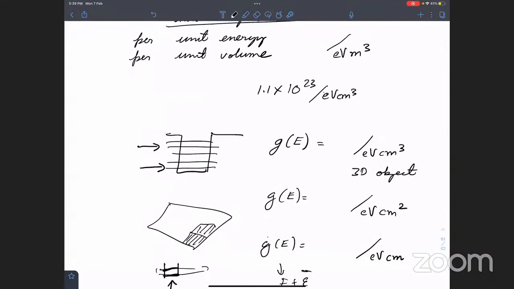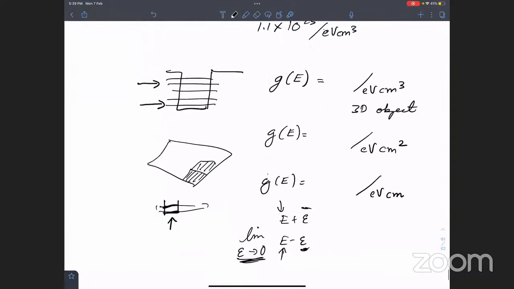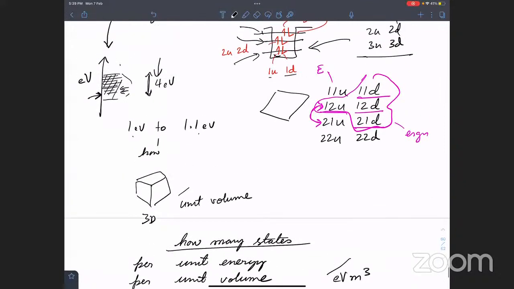Why is this important? This is important because if you know the density of states and if you know the probability of those states being occupied, you multiply the two, and that will give me the total number of carriers found at that particular energy. That's it, right? And you integrate that, and this is how you get the carrier concentration. So remember, we have this n_i squared, n times p, everybody would have done this, right?